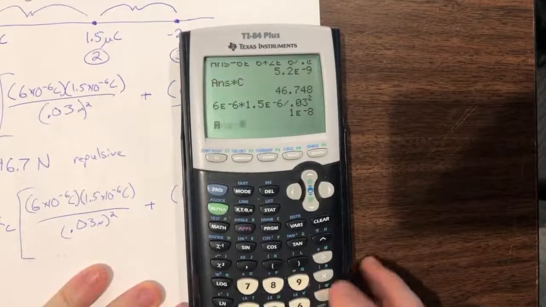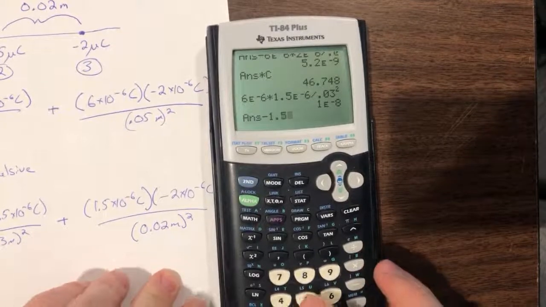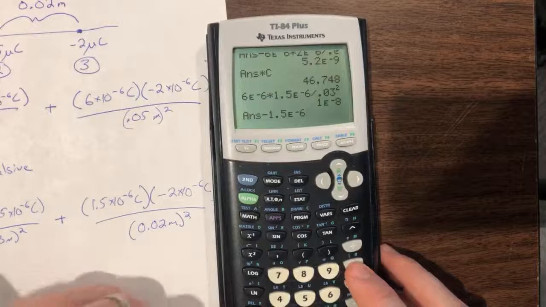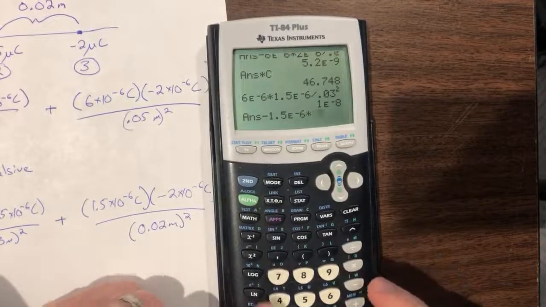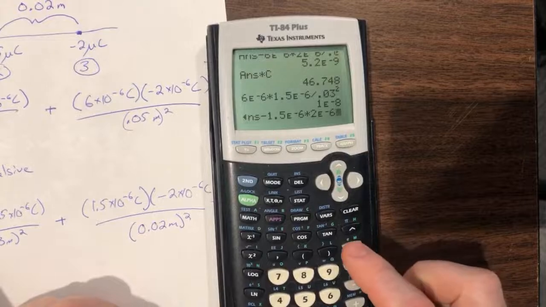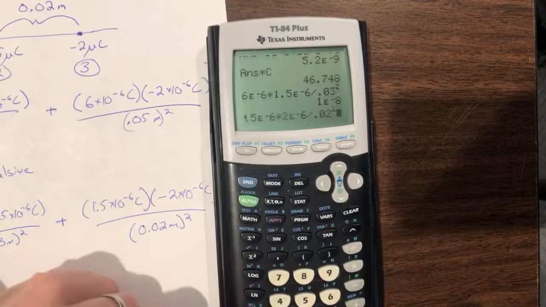And we're going to add to that this negative value, so subtract 1.5 e negative 6 times 2 e negative 6 divided by 0.02 squared.